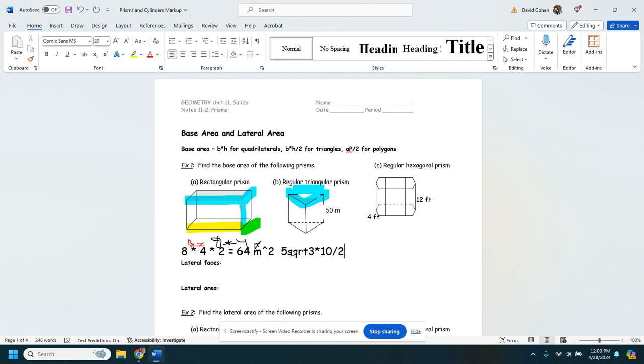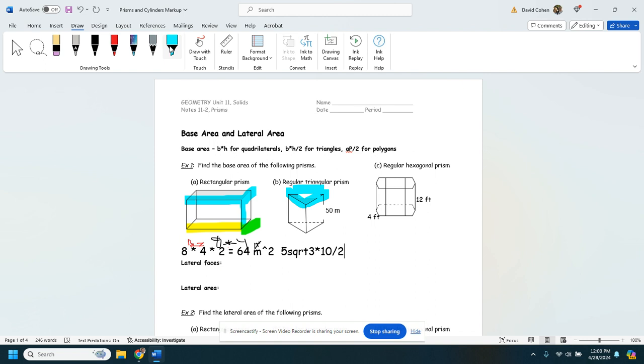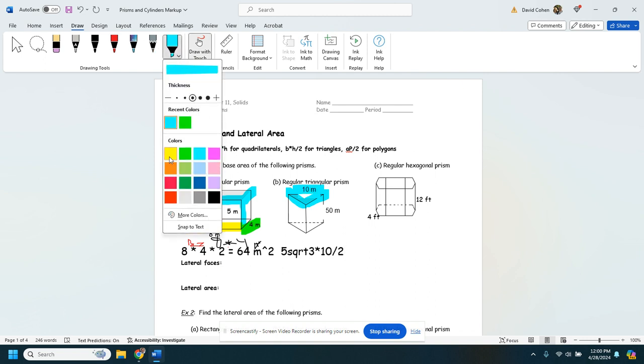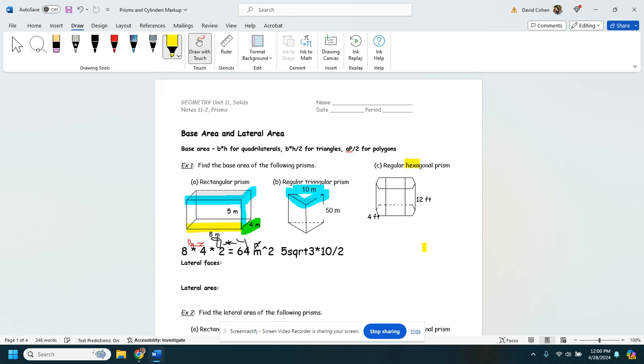And finally, we've got a regular hexagonal prism. Finally, we're getting into some polygons. So if we take a look at polygons here, I've got 6. This is hexagonal. So a hex, and it's creating smaller triangles. In this case, it's 3 square root of 3 because of the sides all being 4 foot.